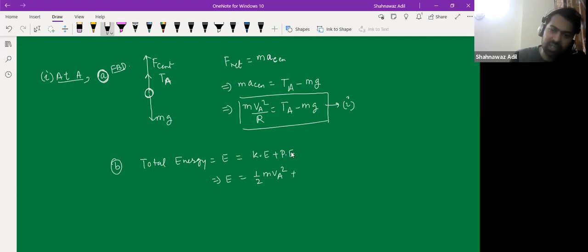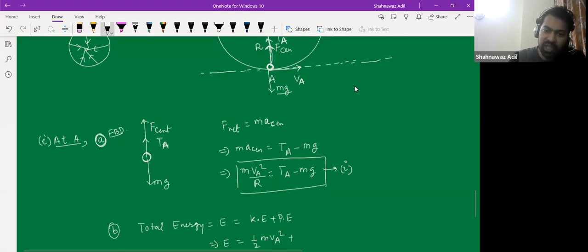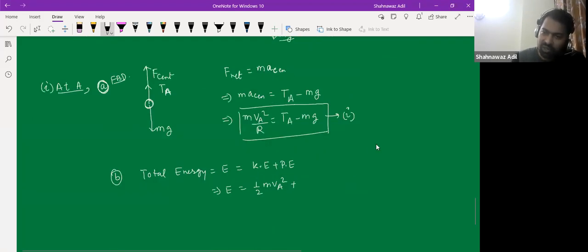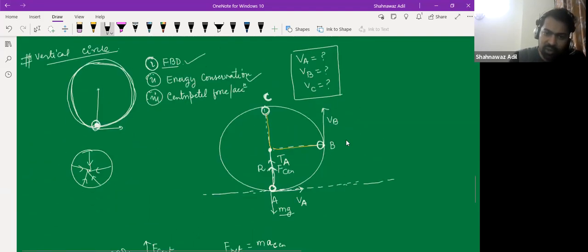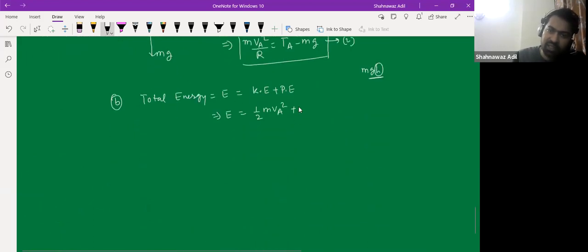What is the potential energy? Potential energy would be mgh. H is how much at A? This is the reference that we are taking, so this height is zero. So there is no potential energy at this point, and the total energy is simply half m v A squared. This is the second equation.